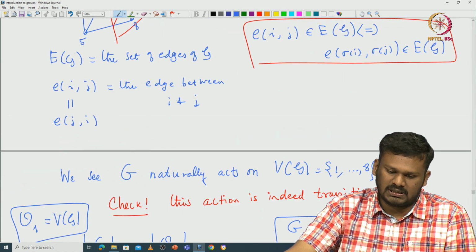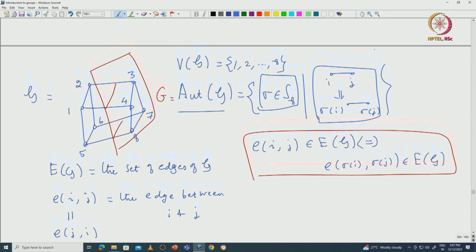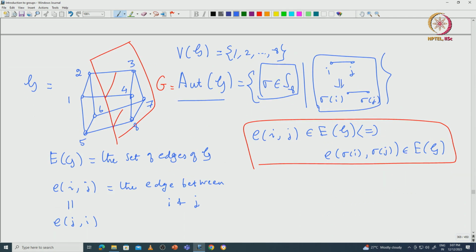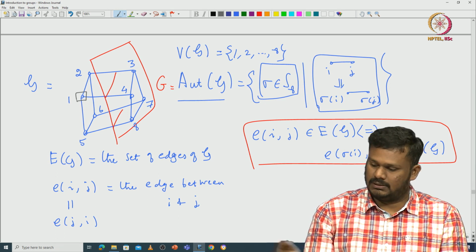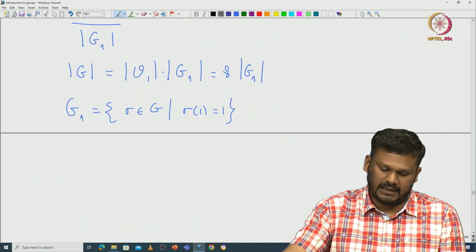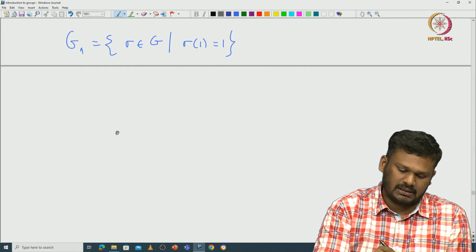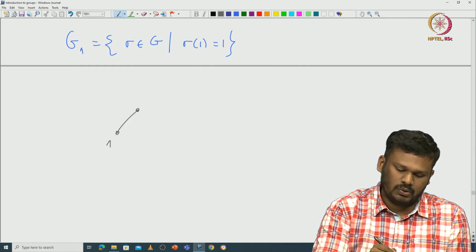But what is the property of these automorphisms? If you go back to the diagram, you can see that if you fix this vertex 1, all its neighbors can be only at most permuted. So, look at this diagram locally: you can see that 1 is here and 2 is here.